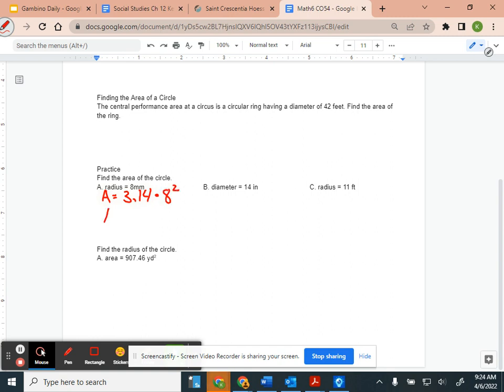So what is 8 squared? 8 times 8 is 64. So what is 3.14 times 64, Landon? 200.96. And then we put our label, millimeters squared.